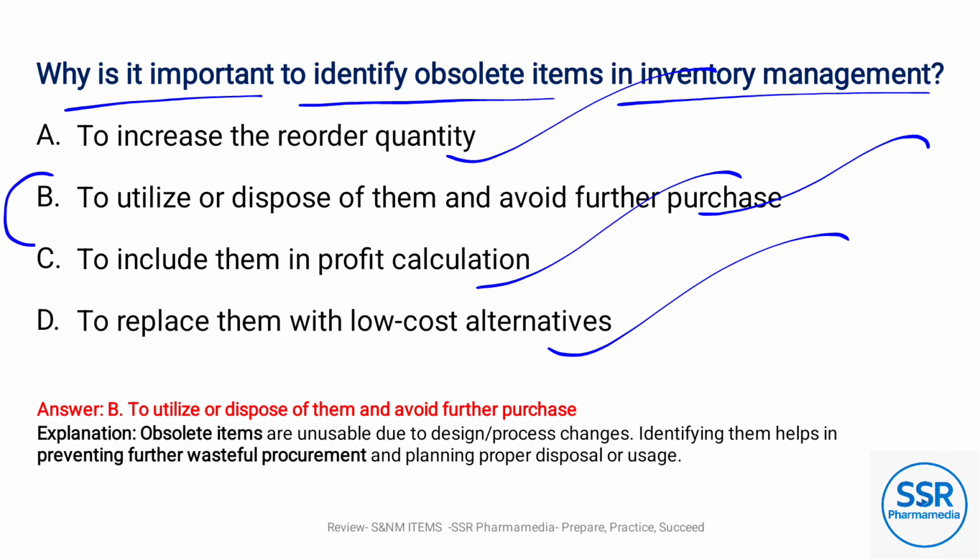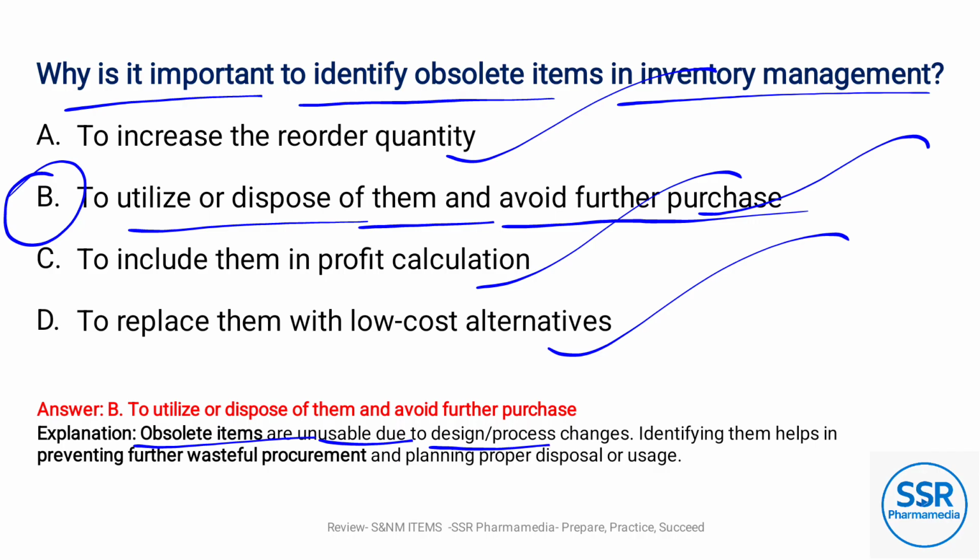So the answer is option B, to utilize or dispose of them and avoid further purchase. So obsolete items are unusable due to design or process changes. Identifying them helps in preventing further wasteful procurement and planning proper disposal or usage.